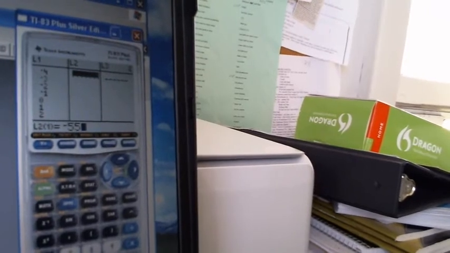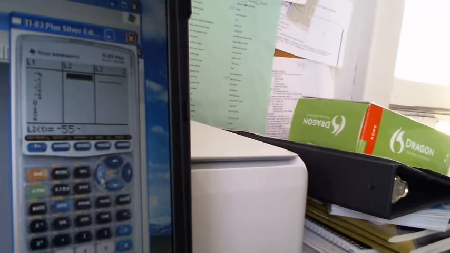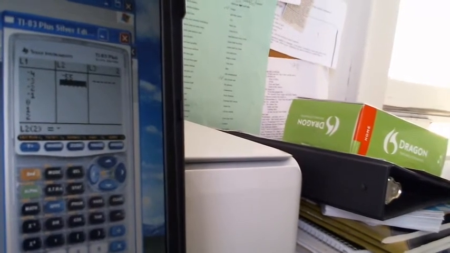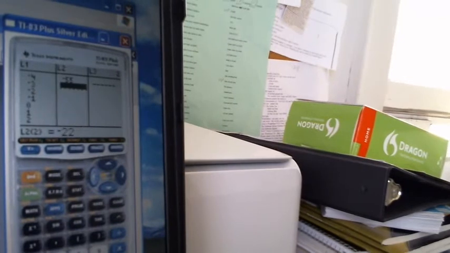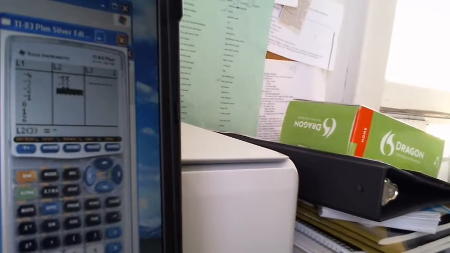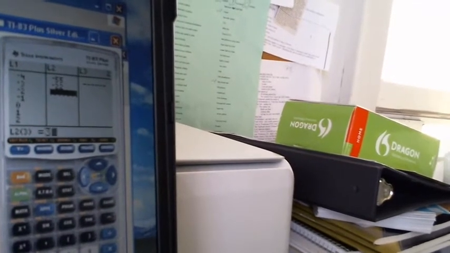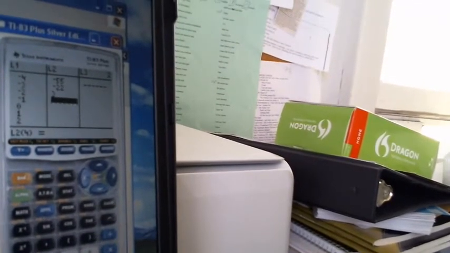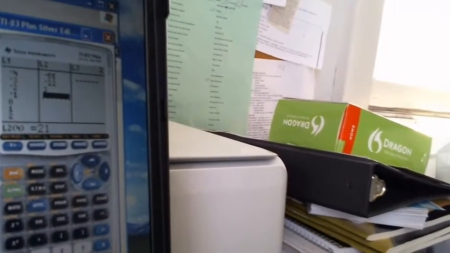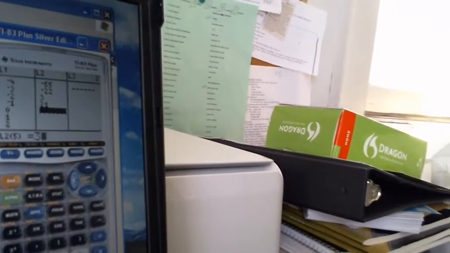That would be 55. Obviously, you can fast forward through a lot of this. Negative 22. Negative 3. All right, so they're doing a quadratic here because it kind of looks like a cubic, because we've got a max and a min.